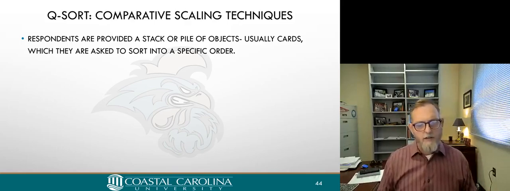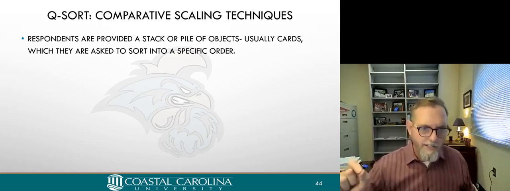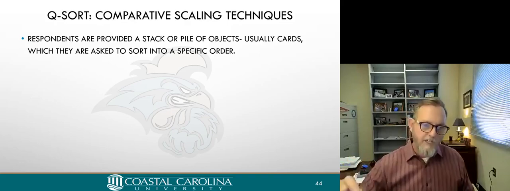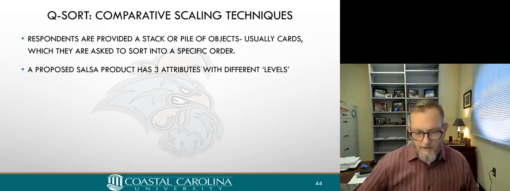And in conjoint analysis, we actually measure what's called the part worth utility of each criteria, of each attribute, and each level of each attribute, which is kind of a cool thing.